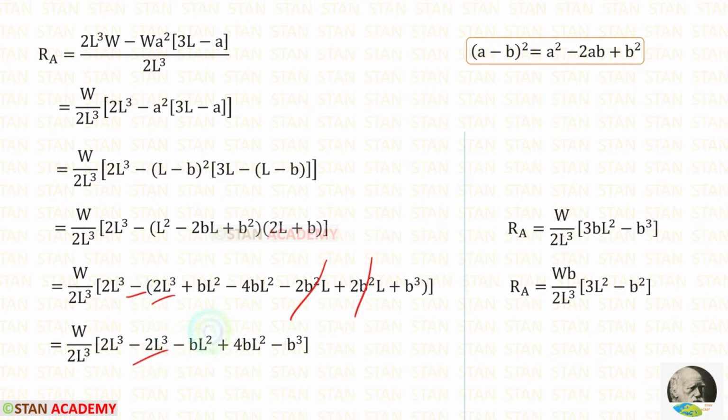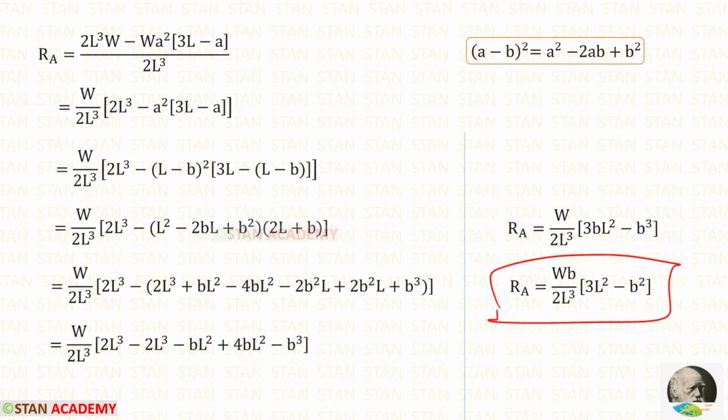So this will become negative, this will become negative, this will become positive, and this will become negative. Then we can eliminate 2L cube minus BL square plus 4BL square. We will get 3BL square. We can take B outside. So here it will be B square. Finally, we have made an expression for RA.